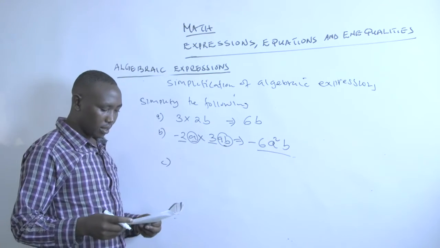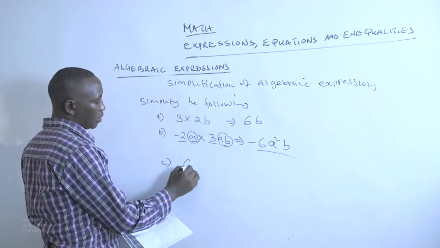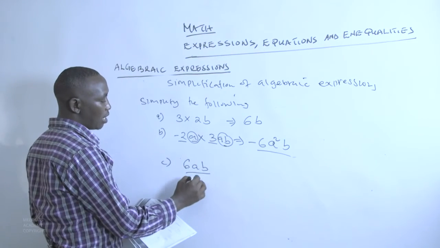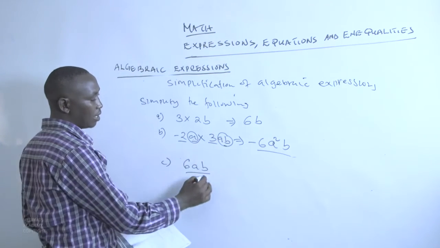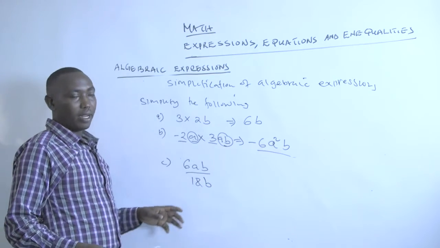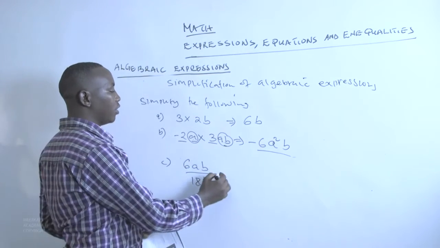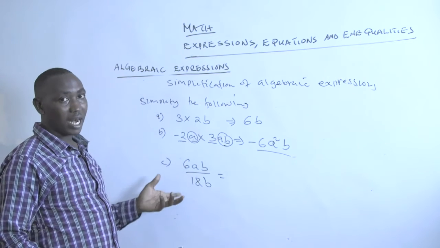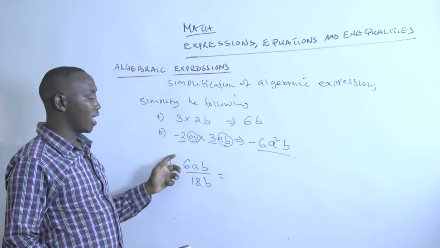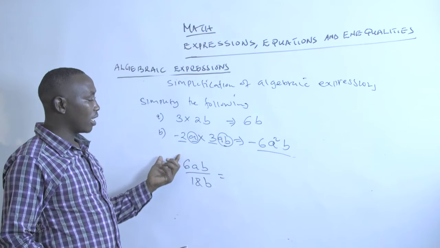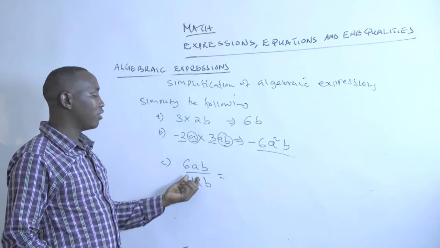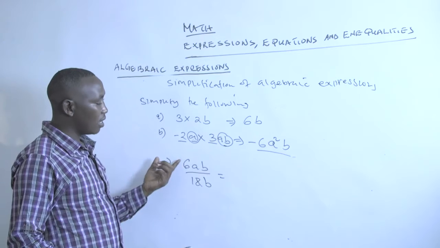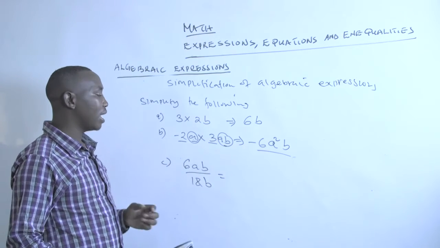Number C, 6ab divided by 18b. In this particular example, you begin by checking what you have on the numbers. Is it possible for us to divide them? Like in our case, we can divide 18 by 6. And when you divide 18 by 6, you will get 3.